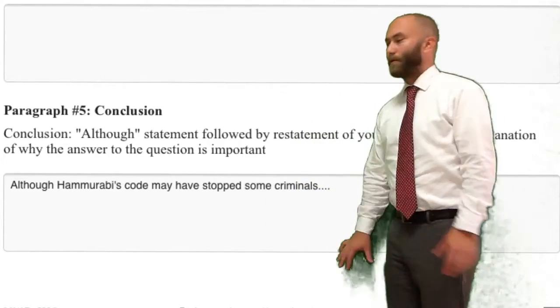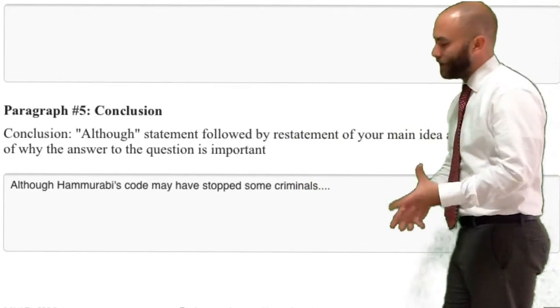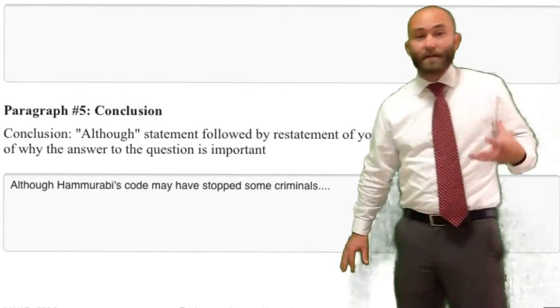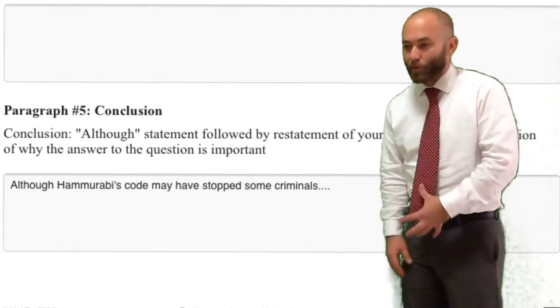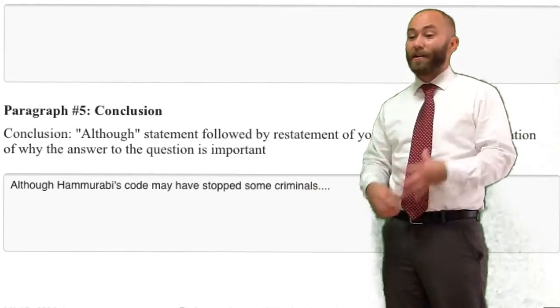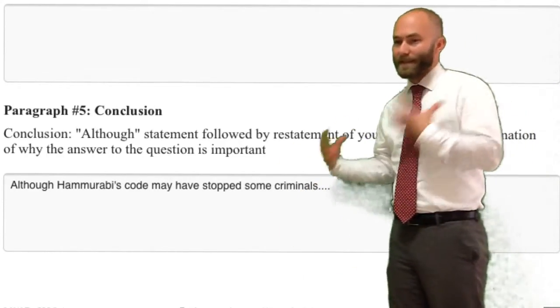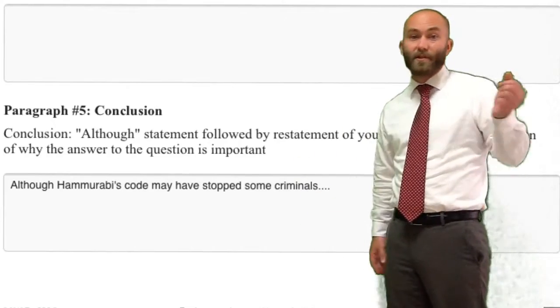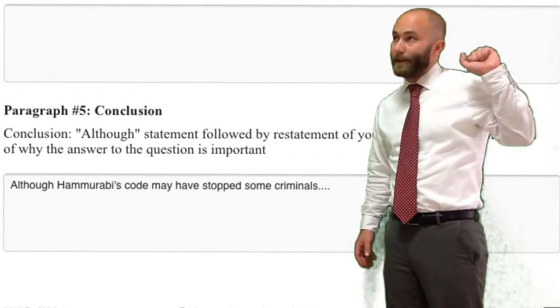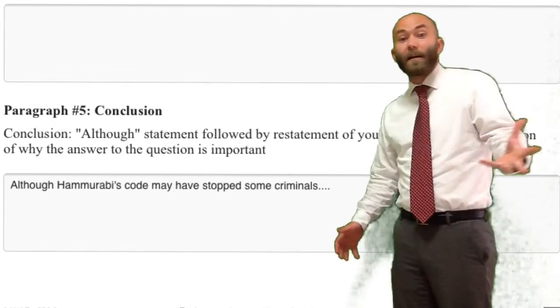So with your conclusion, you can put down your opinions, like, I feel Hammurabi's code might have caused horrible suffering in Mesopotamia and the ancient civilization of Babylonia. You could add in something about today.